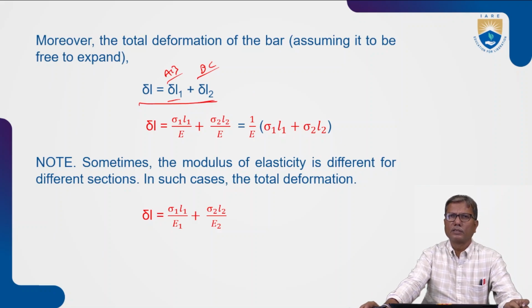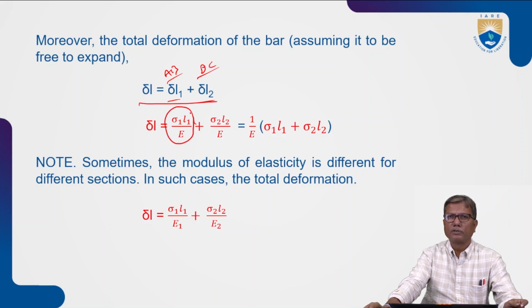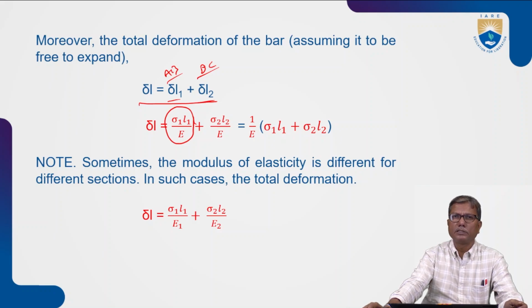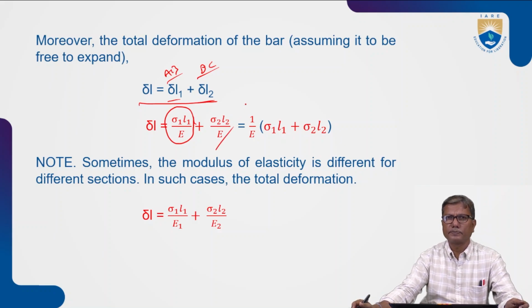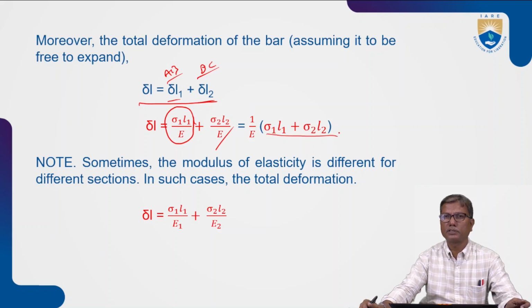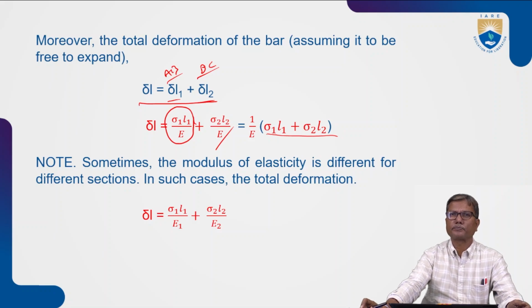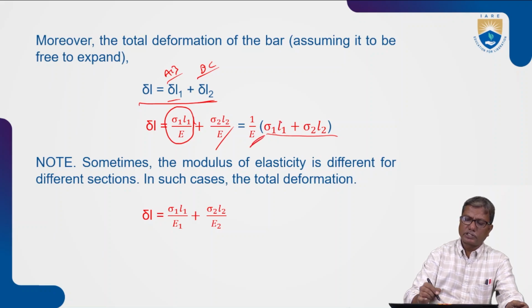And what will be the expansion of portion AB? Sigma 1 is the stress. So sigma 1 L1 by E is the expansion in portion AB, and sigma 2 L2 by E is the expansion in portion BC. That is 1 by E into sigma 1 L1 plus sigma 2 L2. This is the case when the material is same for both the portions.